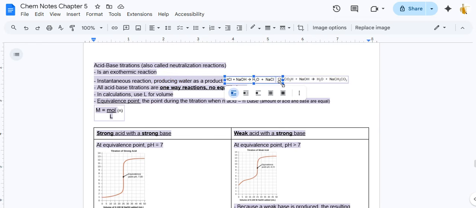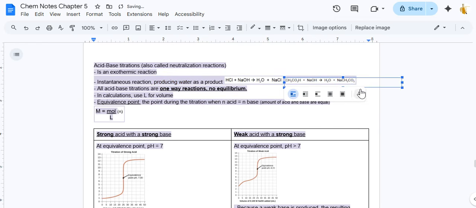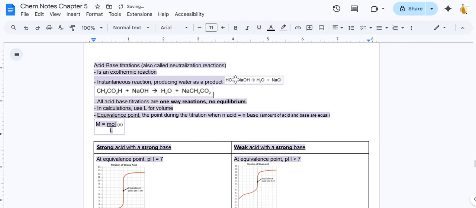These are two examples, showing reactants, and then it forms products. Sometimes reactants are with NaOH, but not always. But neutralizations always produce water and a salt.